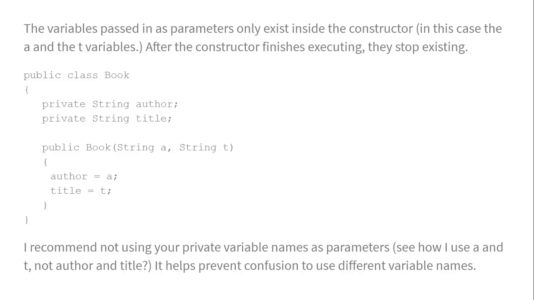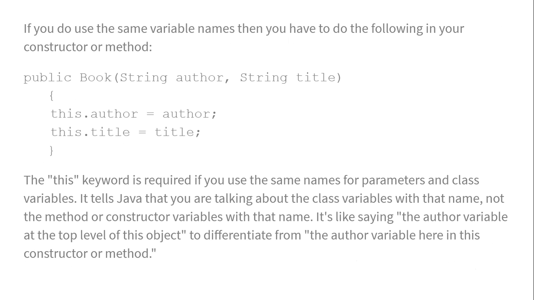So I recommend not using your private variable names as the parameters. See how I'm using A for author and T for title? Because if you use the actual names, you have to do this. So look up here. You haven't seen this before. You have to use this keyword. If the variables are the same name, Java needs a way to keep track of which one you're talking about.